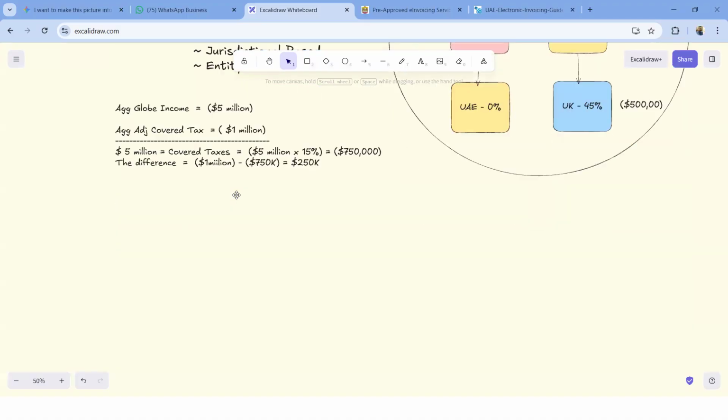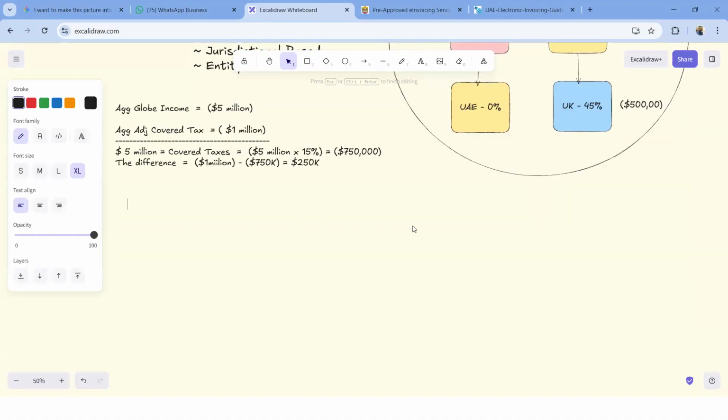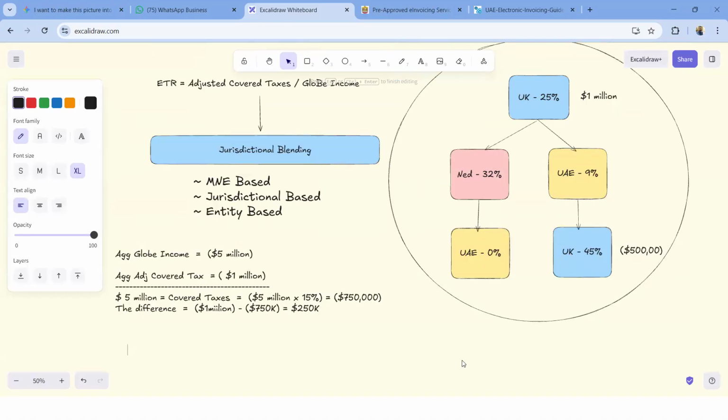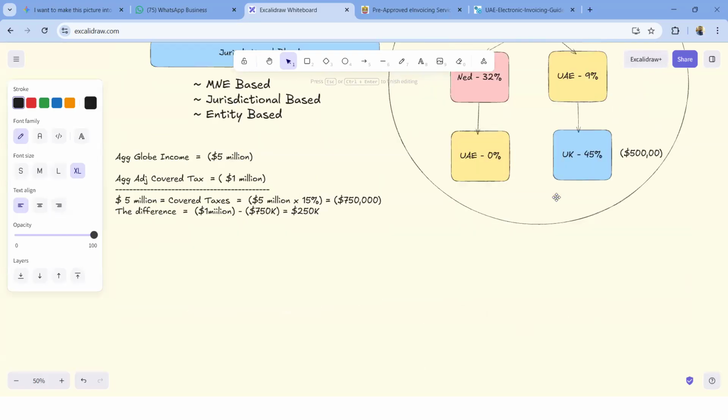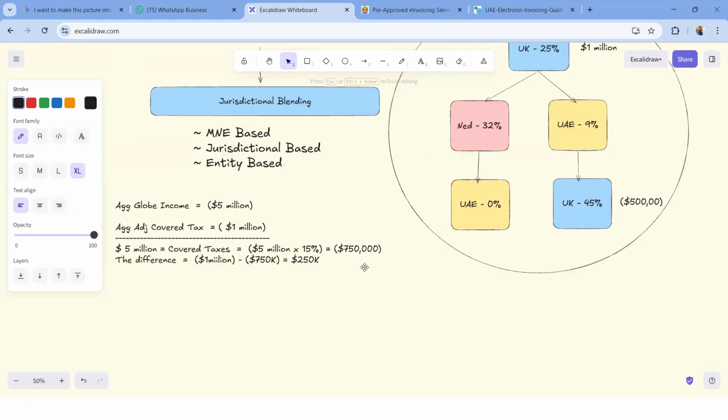So let's take a jurisdiction. We'll take the UK one.